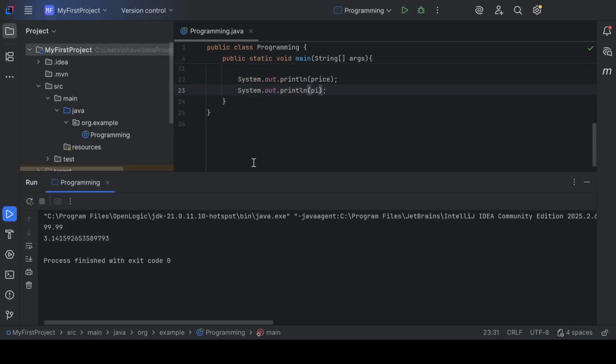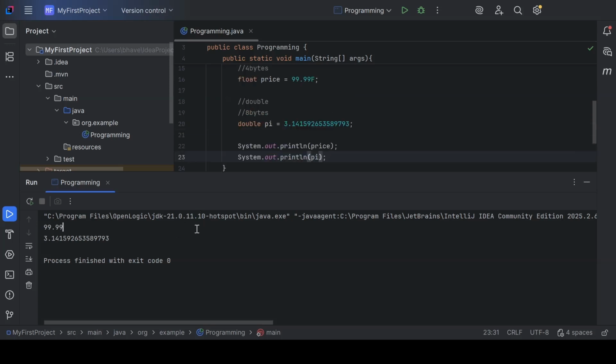So we can see the output, the value of price is same and the pi is same. That means pi has the capability to contain this many digits.